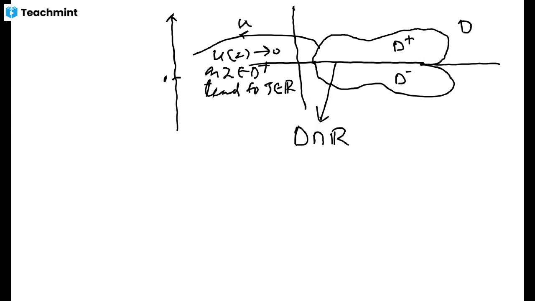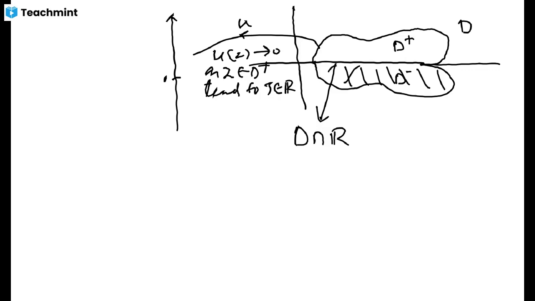Then the reflection principle says that this function can be extended to be harmonic on the whole of the domain D, and that means you are able to extend or reflect this function to this reflected part as well, and it can be reflected to this part as well.